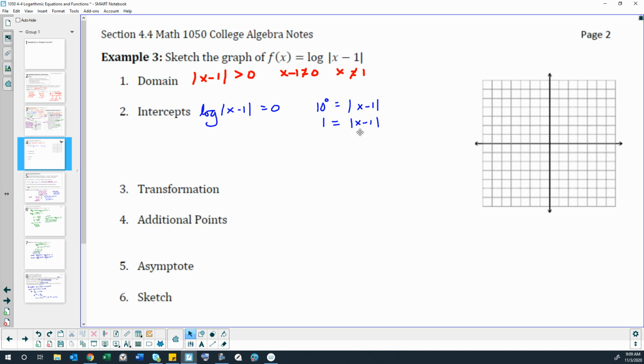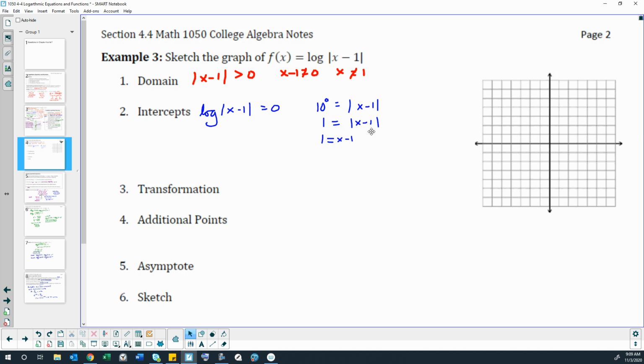I don't know if you remember how to solve absolute value equations, but the absolute value means we have two different possibilities, because we could have the possibility where the inside stuff is positive, and we get a positive 1, or the possibility where the inside stuff is negative, to give us that positive 1. So in order to account for both possibilities, we get rid of the absolute value and write it out as two separate problems.